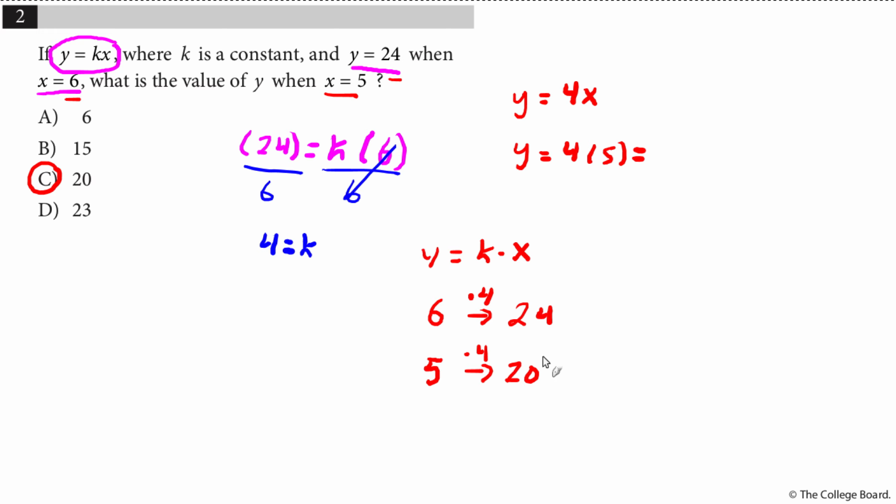That's 20. And basically, this is linear, so I can use any of my line tools that I have, knowing that the y-intercept is 0.